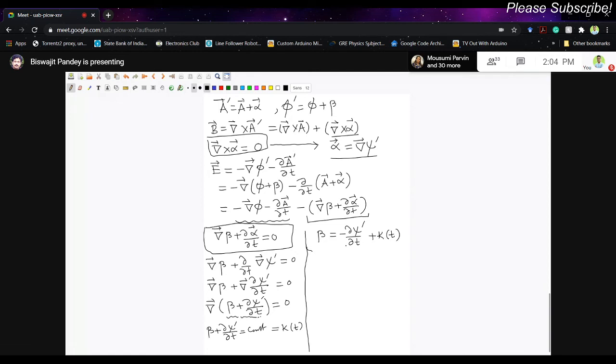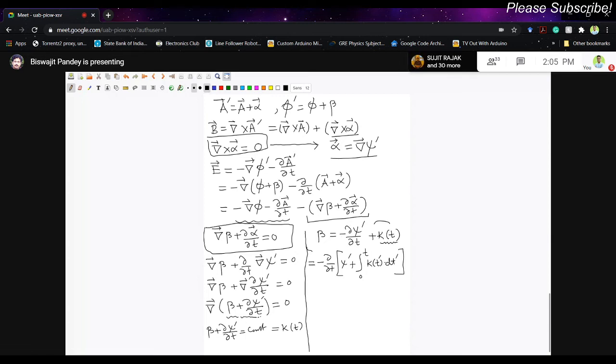Or if I want to incorporate this k into psi, I can slightly remodify it and write it as del t of psi prime plus the integral from 0 to t of k prime. The reason was just to include this k of t inside this psi prime, as I do not want to write two or three terms.